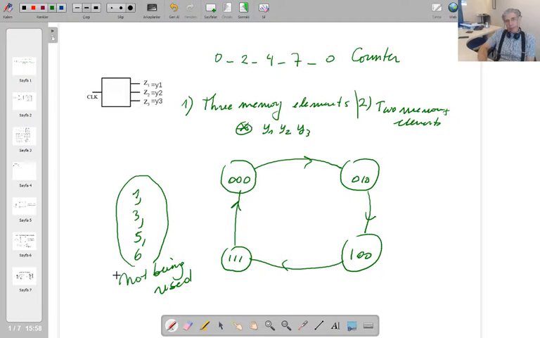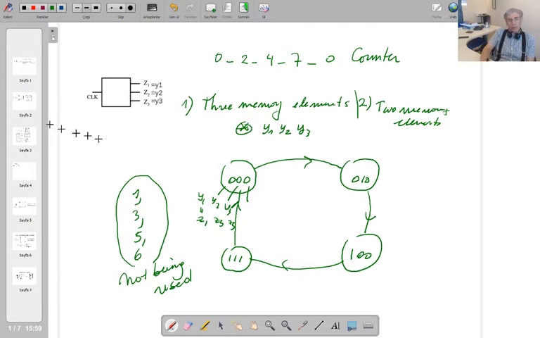Right? Now where is my output now? My output is the same as Y. So these are small y's, also Z1, Y2, Z2, Y3, Z3.